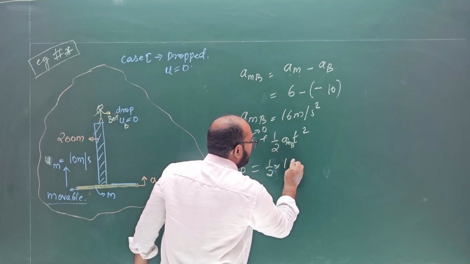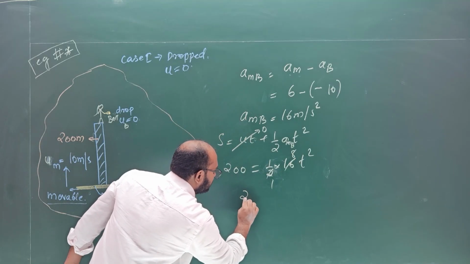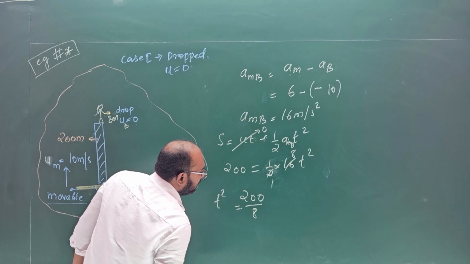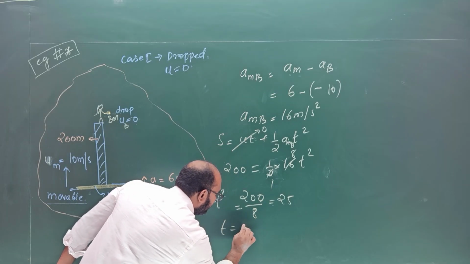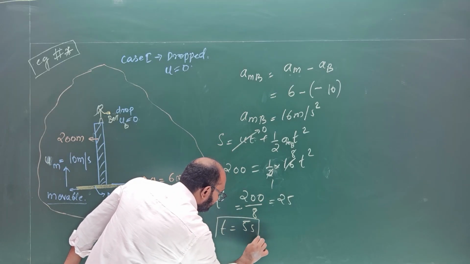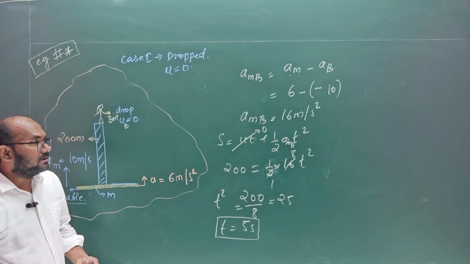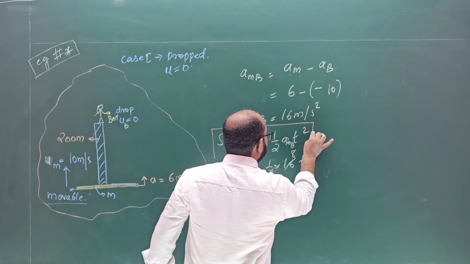AMB we got is 16, so 200 equals 8 t square, so 200 upon 8, that is nothing but t square, or 25. So t is nothing but 5 seconds. Okay, all you need to change is the value from here. This equation is being changed.